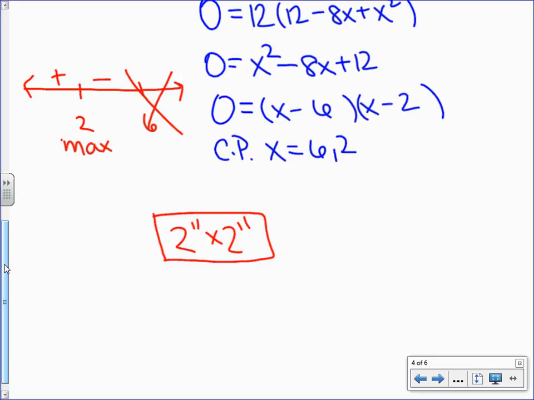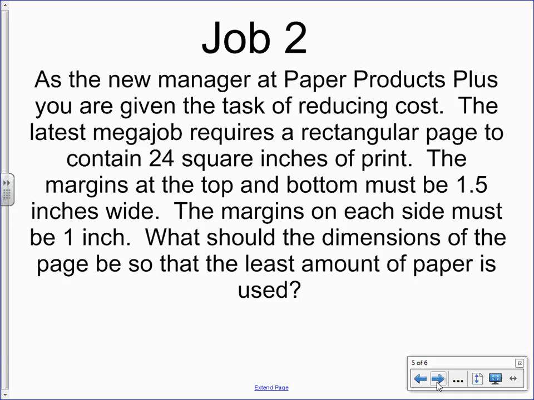Let's go to our paper products. Paper products. Why is everything with cardboard and paper?